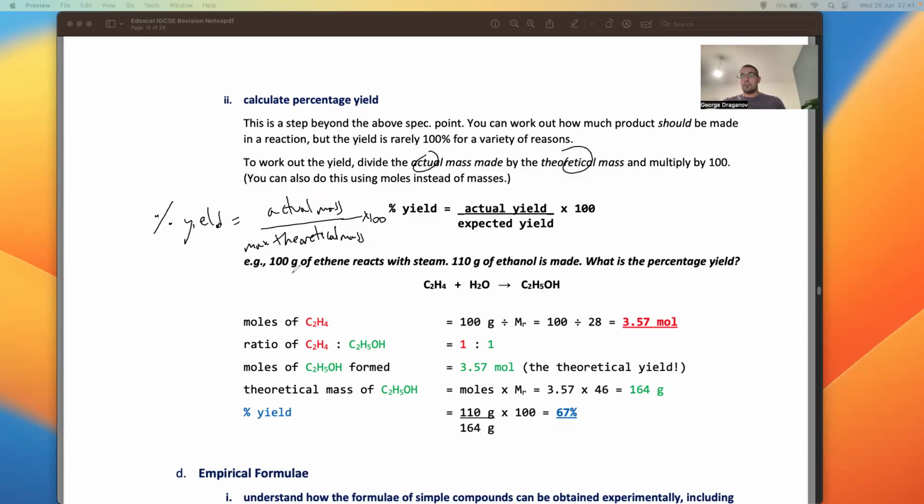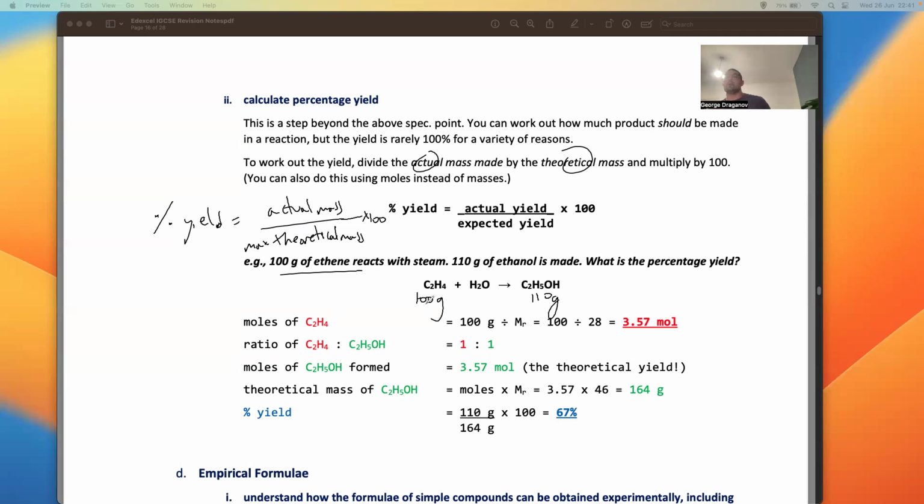If we look at this example, 100 grams of ethene, which is this one, reacts with steam to form 110 grams of ethanol. What is the percentage yield? First, you have to find what the maximum ethanol should have been using the method I showed you before, which was moles, ratio, mass.